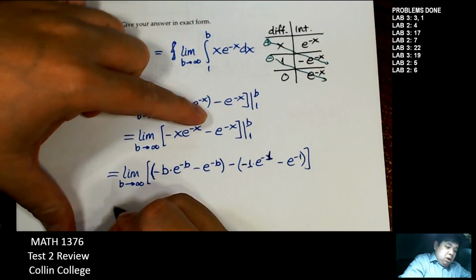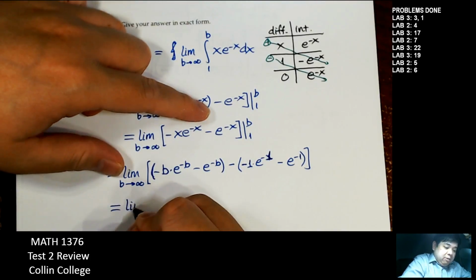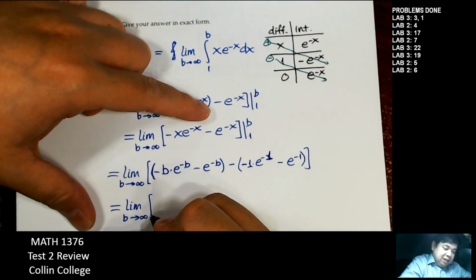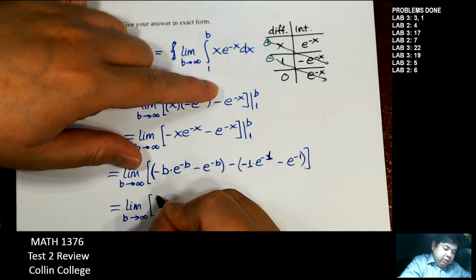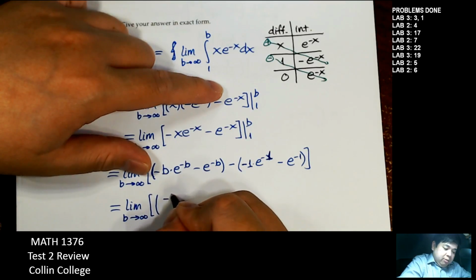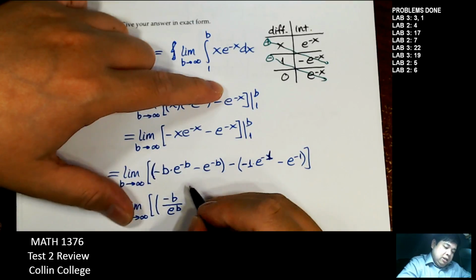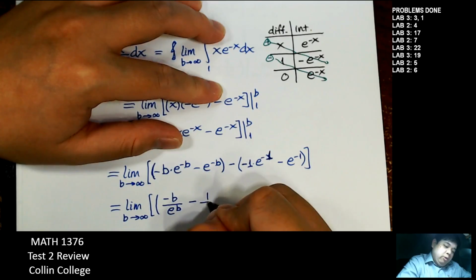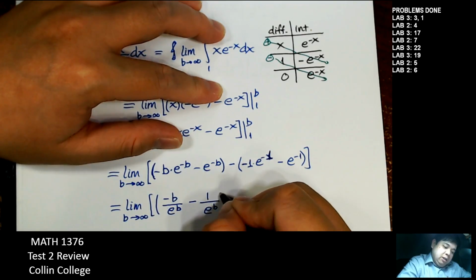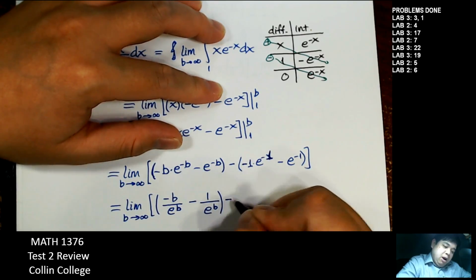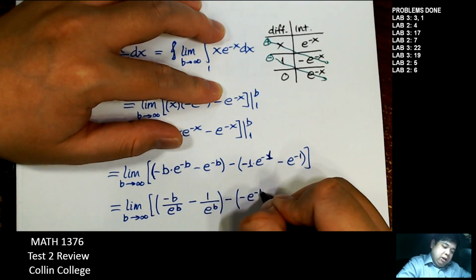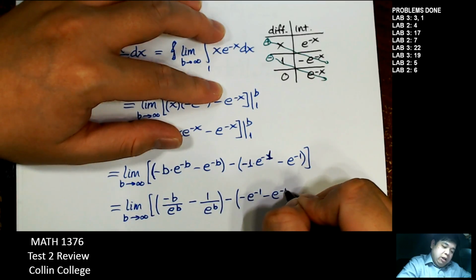We can leave it like this, but it would be better if we have the negative exponent and we try to make it positive. So here we will have negative b over e to the b minus 1 over e to the b minus negative e to the negative 1 minus e to negative 1.